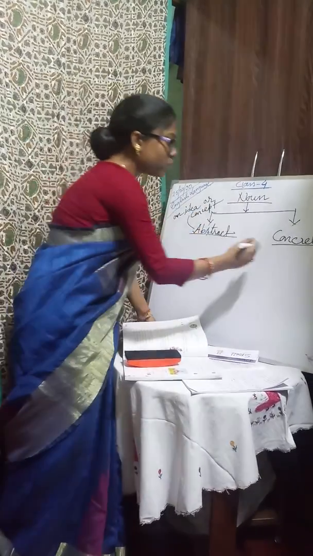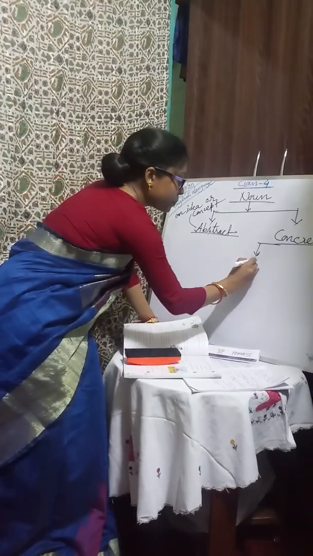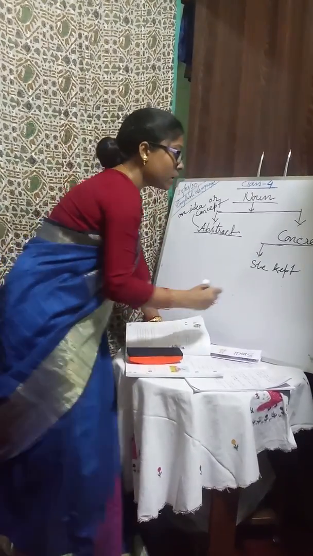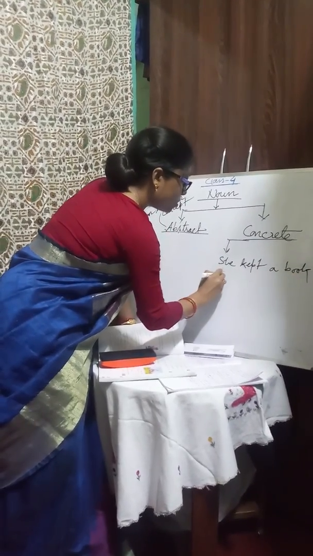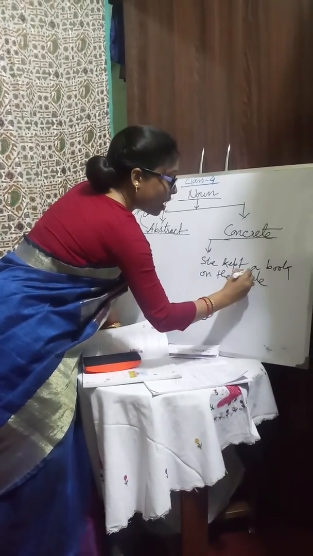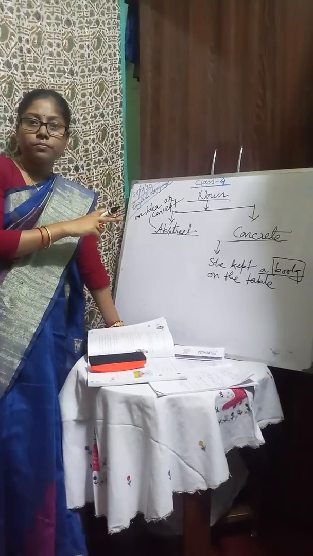So here I am giving you one example of concrete. She kept a book on the table. Now see, a book, this is a concrete noun. Why?